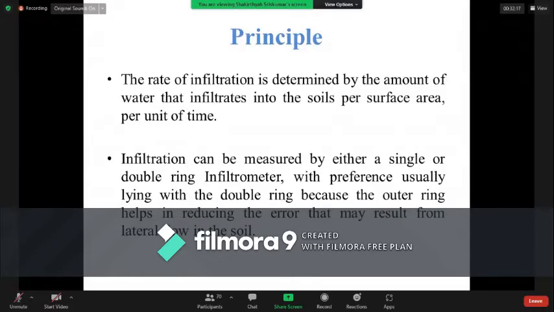If it's only a single ring, the water can move vertically as well as laterally. So there is error in your reading from these lateral movements. To avoid that, you can use double ring infiltrometer.